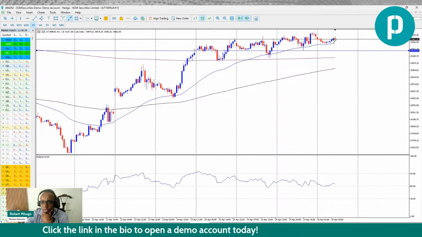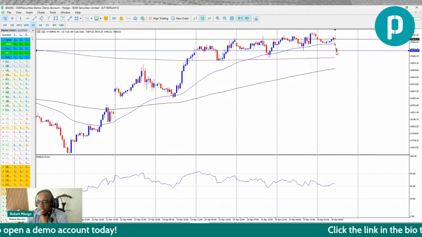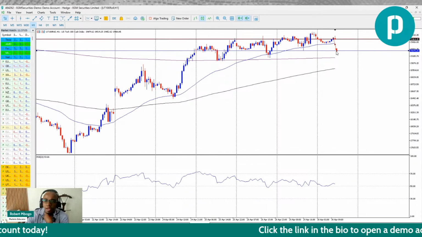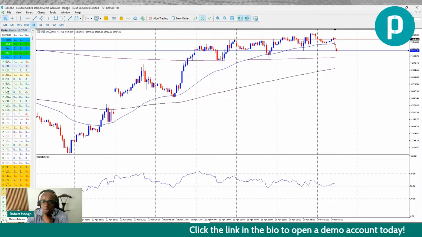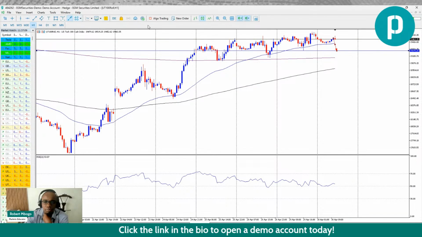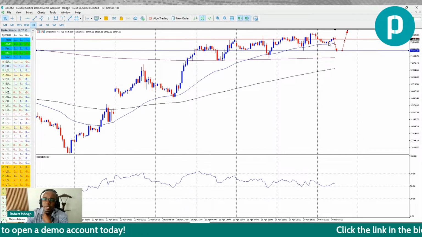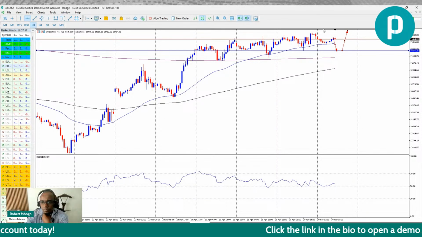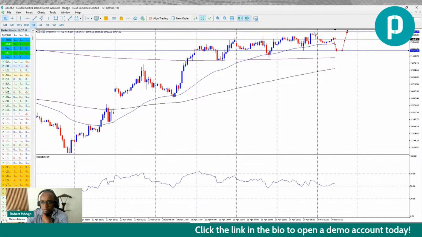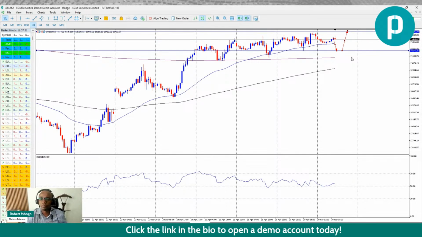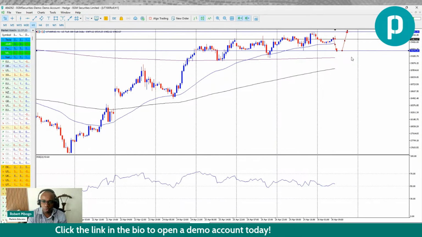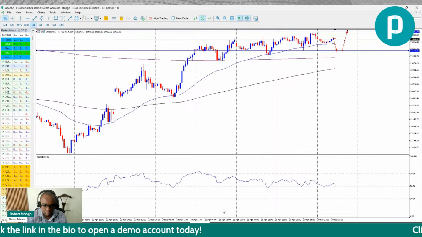So I'll be looking at that short trade to 19275. Then from there, I can now look for a bullish push to test maybe yesterday's high. Just want to be conservative on this one. So that will be my outlook on UT100.